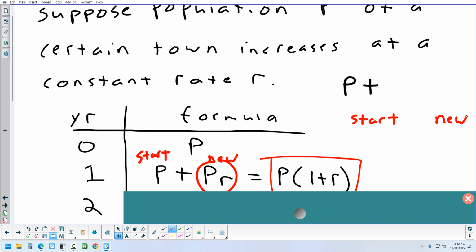We'll do what we did to get from year 0 to year 1, and we're going to do the same thing to get from year 1 to year 2. We're going to have a start, and we're going to have a new. The start's the easy one. The new, we've got to think about that a little bit.